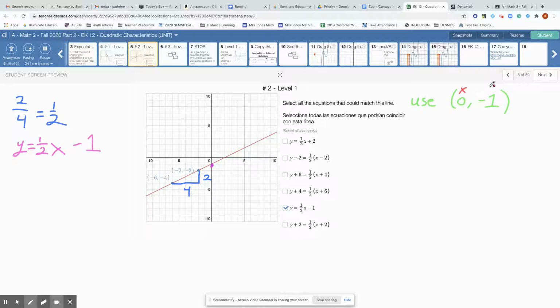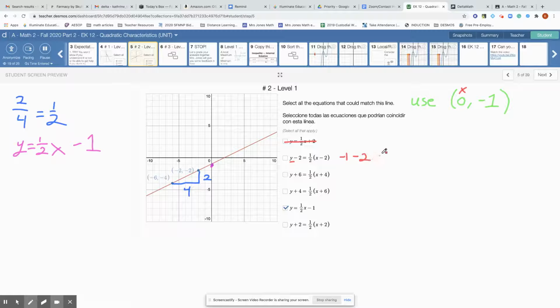It includes a 0. So x is 0 in all of these. The reason why that is so useful is all I have to do is plug in 0 and -1 for the y value. So we know that this one's not it because this y-intercept is wrong, but I don't know if the second one is it. So I'm going to show you. I'm going to plug in -1 for y.